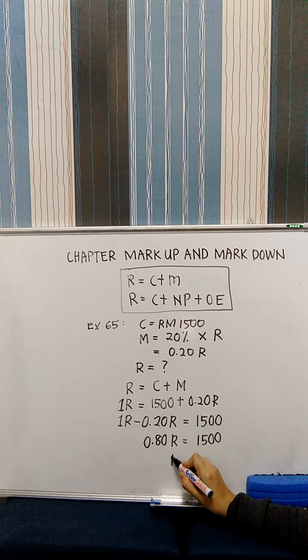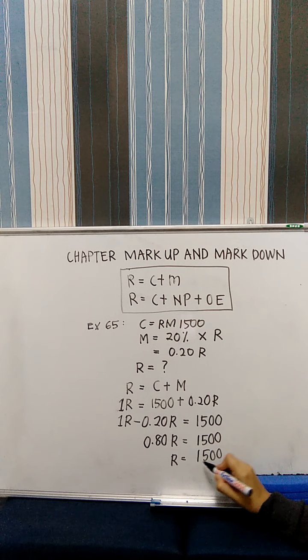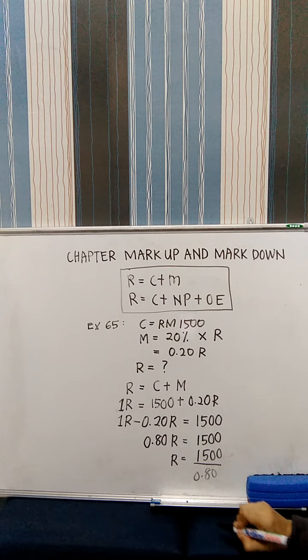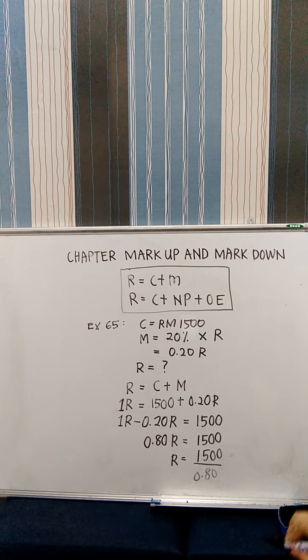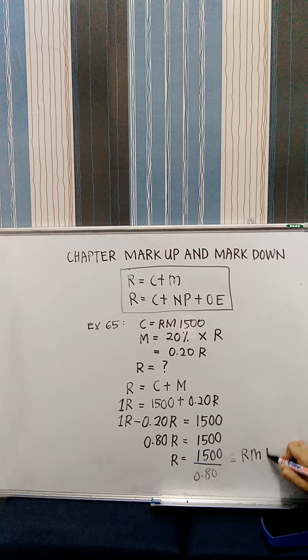So to find the R, you divide 1500 by 0.80. The final answer is RM1875.